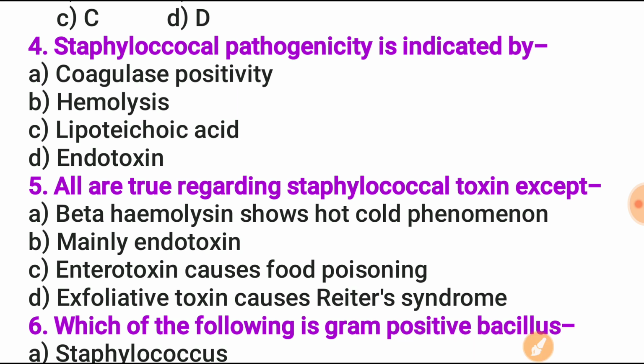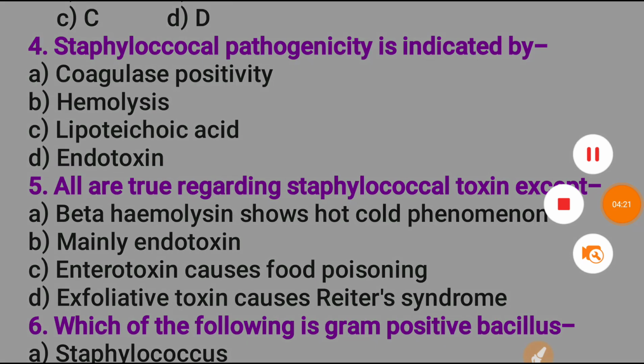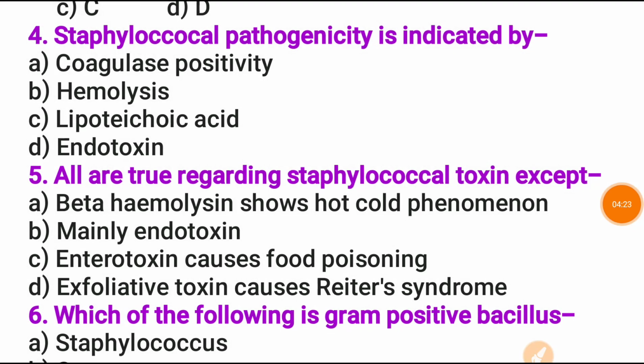The coagulase positive organism indicates staphylococcal pathogenicity. There are numerous virulence factors responsible for pathogenicity of Staphylococcus aureus, but the most consistent association of virulence is production of coagulase and, to a lesser extent, fermenting mannitol.